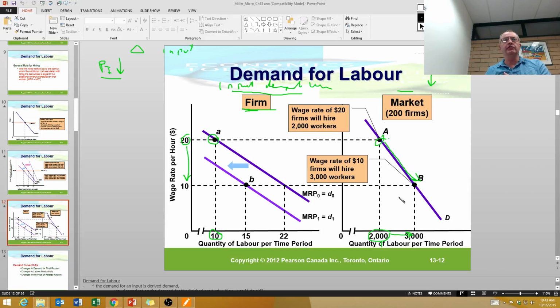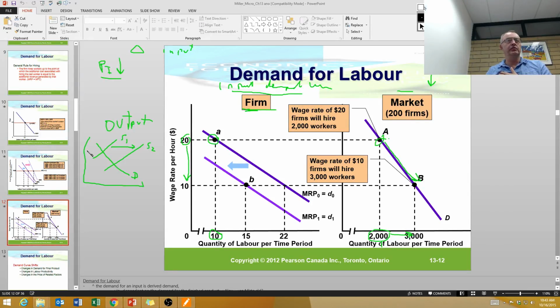So as the price of our input declines, in our output market, here's our demand curve, here's our original supply curve, and then as the price of the input declines, the cost to the individual firm declines, so the supply curve for the industry as a whole shifts out.